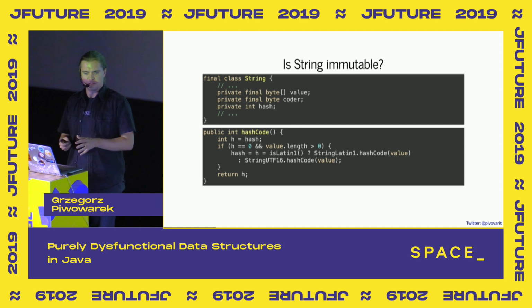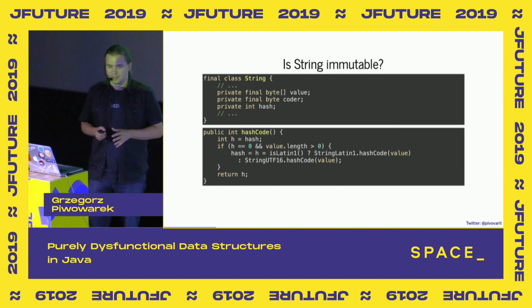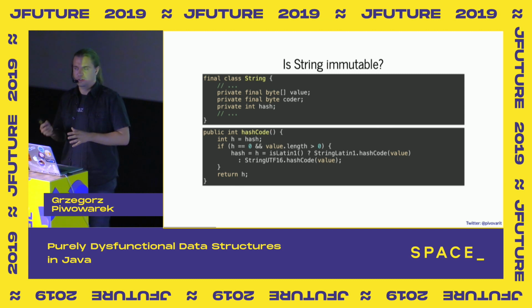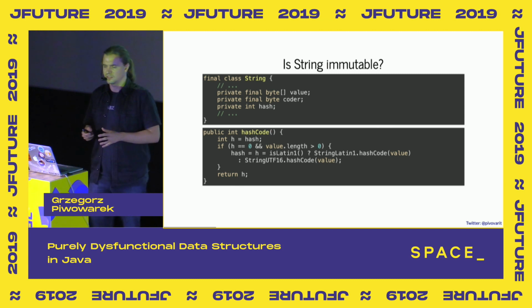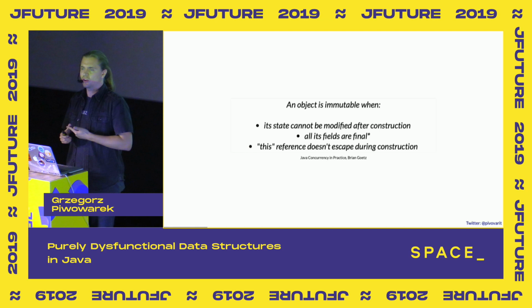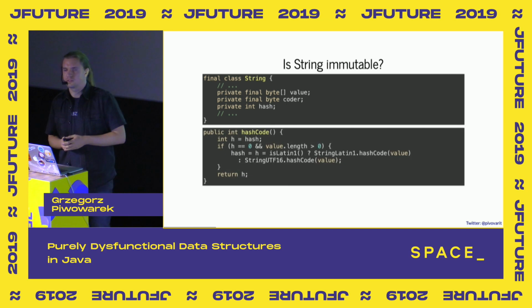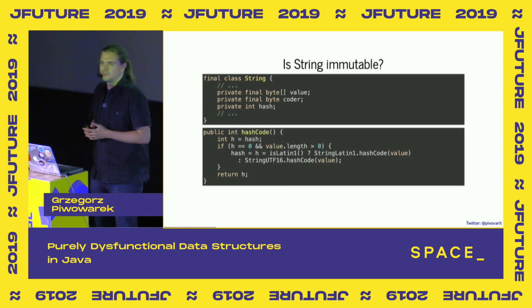Because if you create an empty string instance, it will start with the hash code of 0. And if you actually call the hashCode method, it will get overwritten there. So when it comes to the string class, not all of its fields are final, and its state actually gets modified after construction.